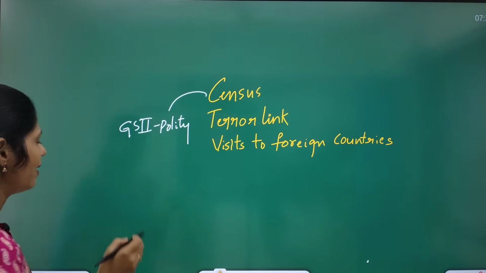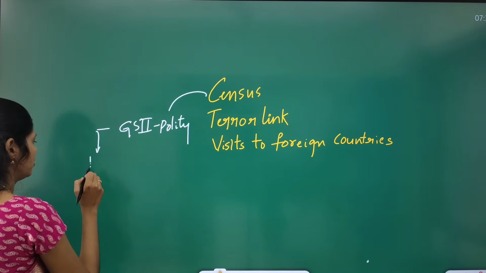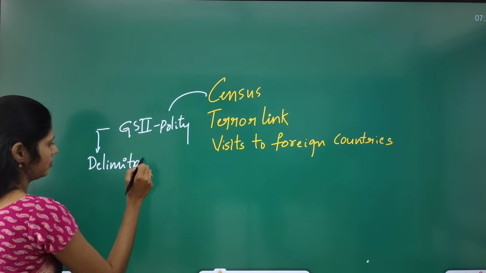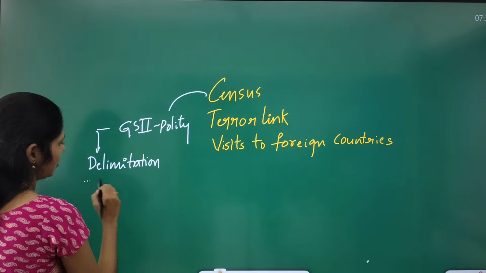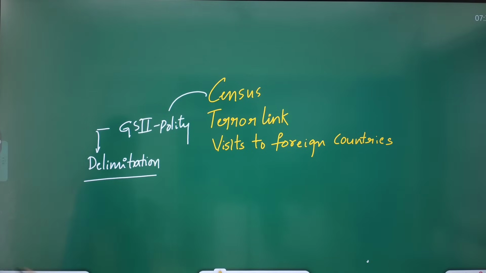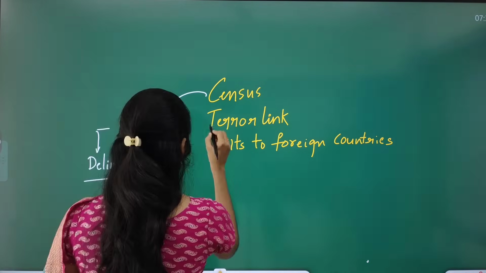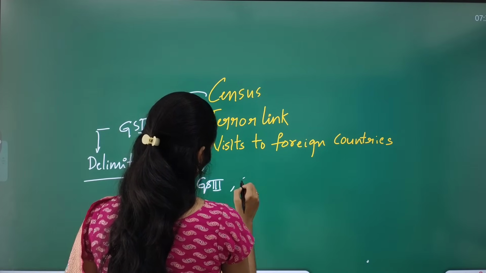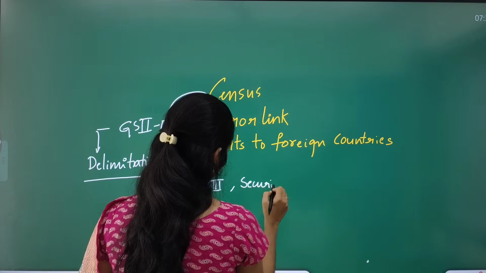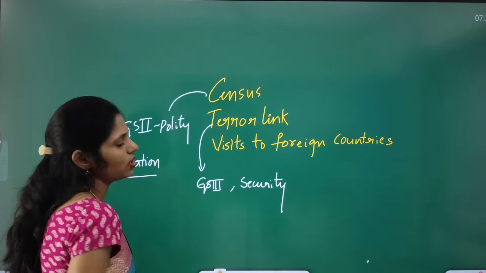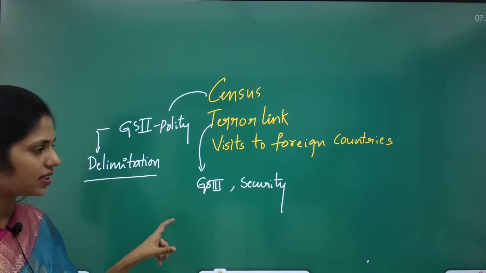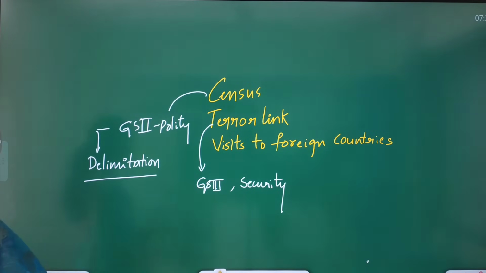In polity we have a topic called delimitation, so you have to study the census under this delimitation. And this topic is important from your GS paper 3 under security, because any citizen of India who has a terror link is affecting the safety and security of our country.